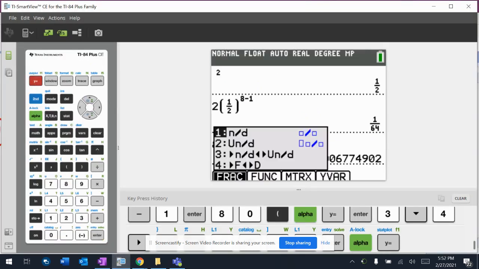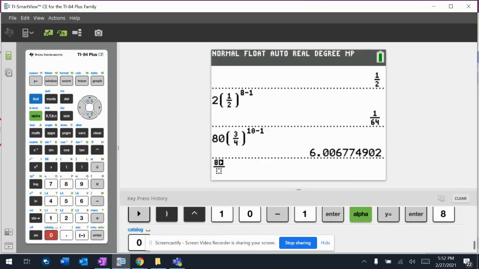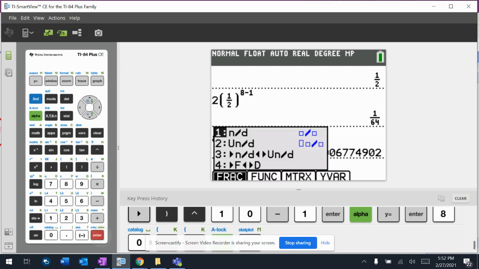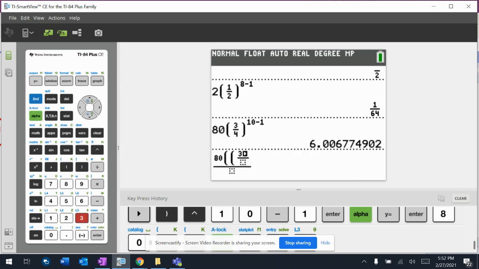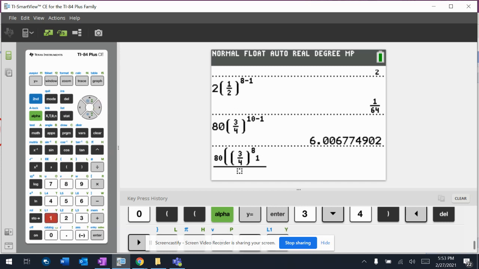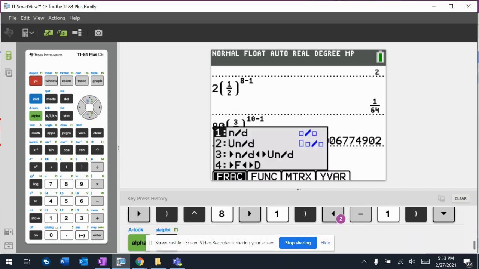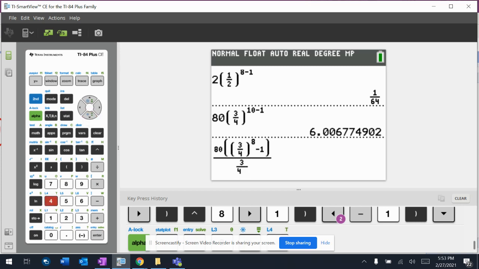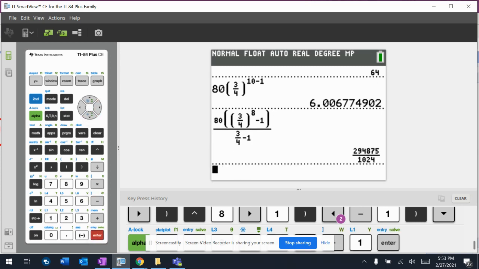So it's 80 times 3/4 to the 6 minus 1, over 3/4 minus 1.